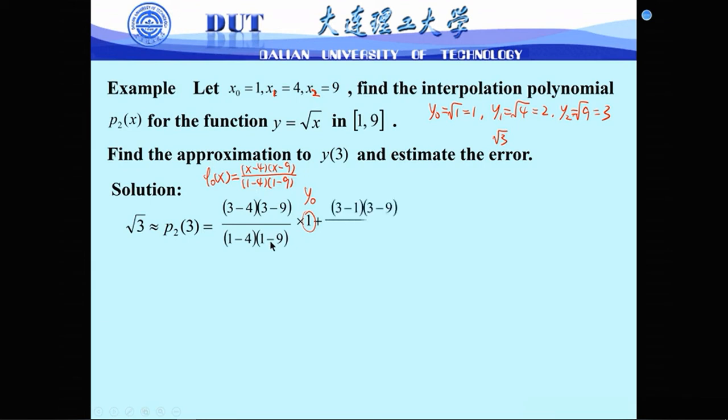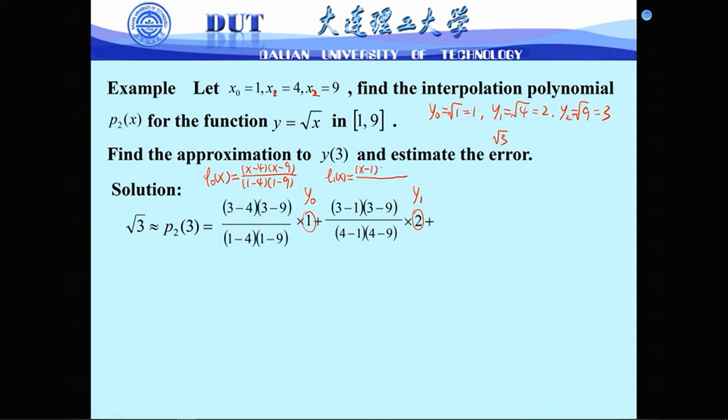Continue. Next term is y1. y1 is 2, and here should be L1(x). Please follow me. It should be x minus the other nodes. x1 is 4, the other nodes are 1 and 9.